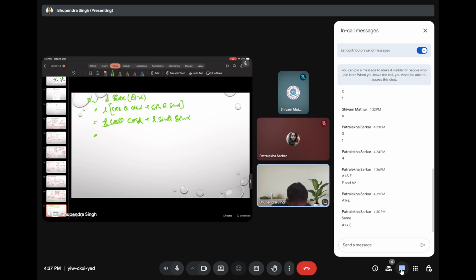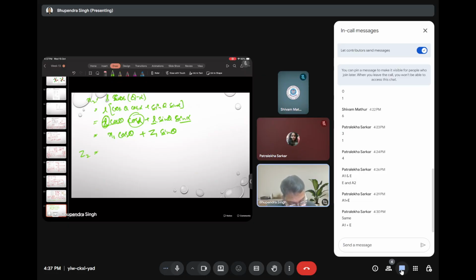This is x1 cos theta plus z1 sin theta. These are the x coordinates.